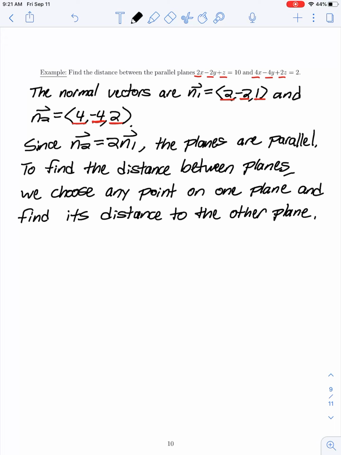Let's see how we could find a point on one plane. So to get any point on our first plane, we could make any choice for two of my variables.